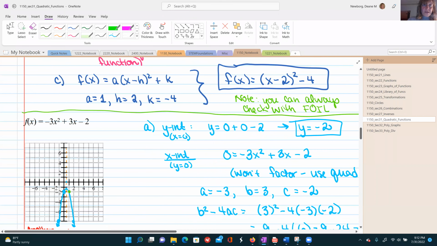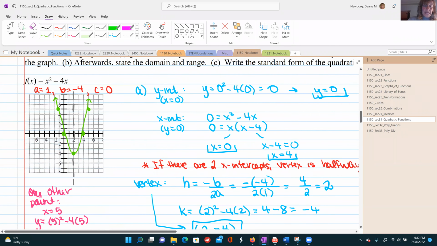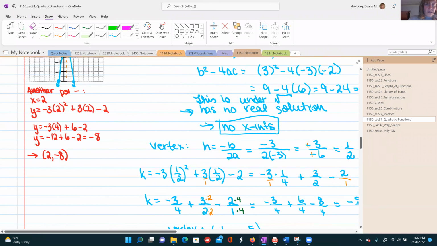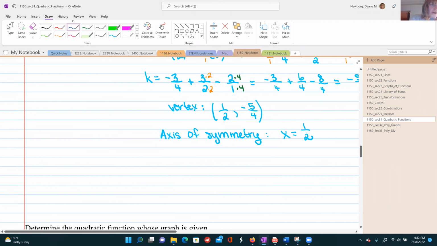Part B was, I think, find the domain and range. I've already mentioned before that the domain for a quadratic function is always all real numbers. The range, we have to go lowest to highest.